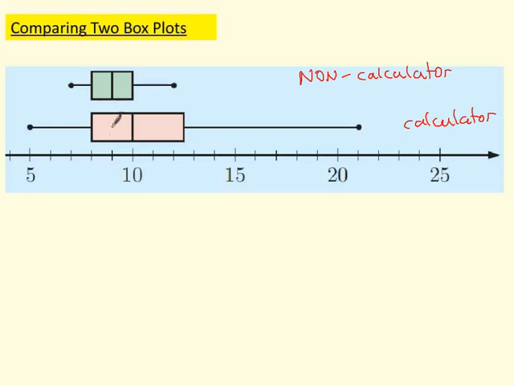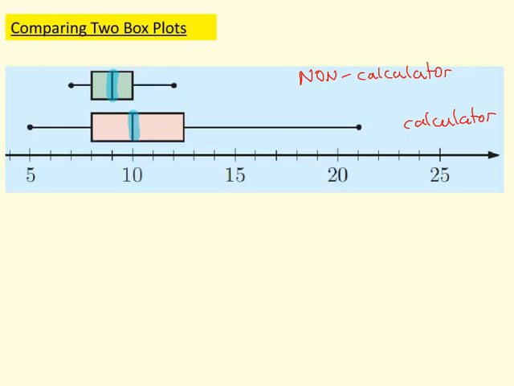You can see kind of like the distribution on these box plots. You can see that the diagram for the non-calculator test is very compact, and then the one for the calculator test is more spread out. So one thing you compare is where the medians lie. So here's the median for the non-calculator test, and here's the median for the calculator test.